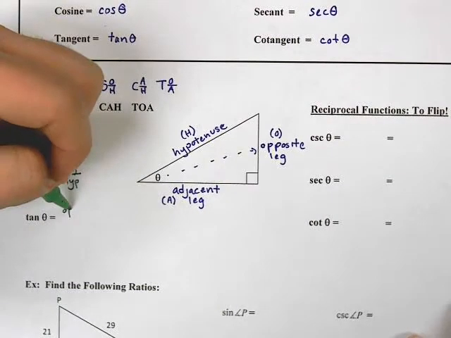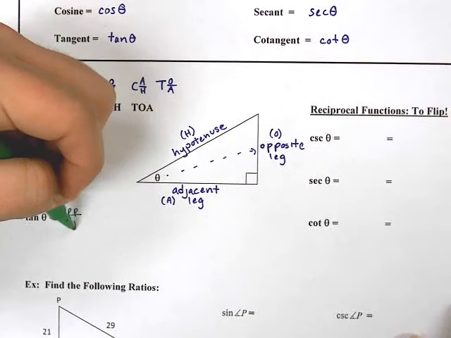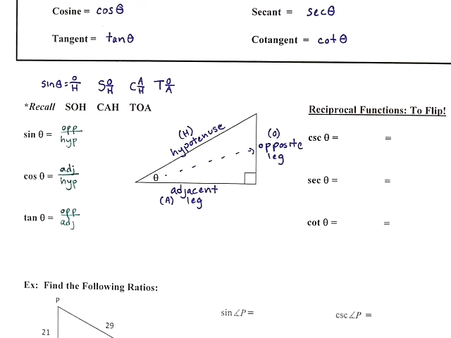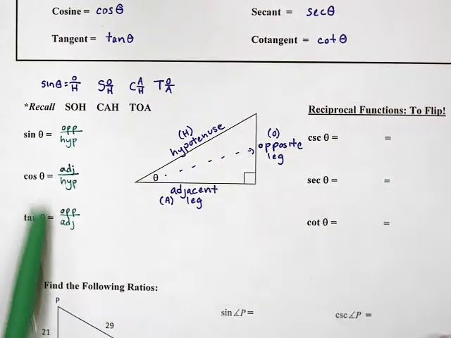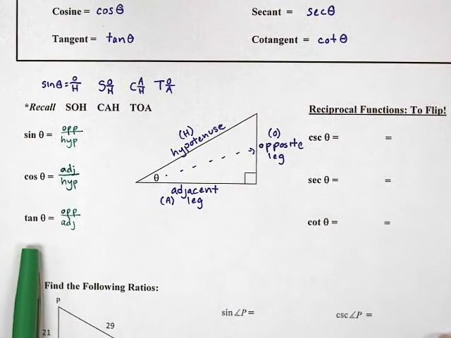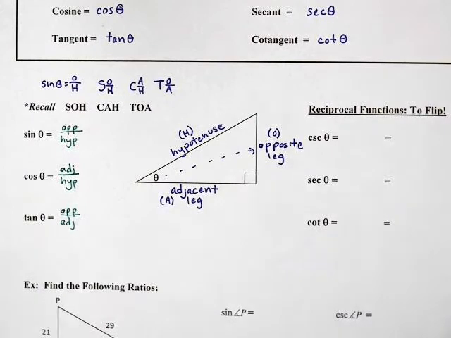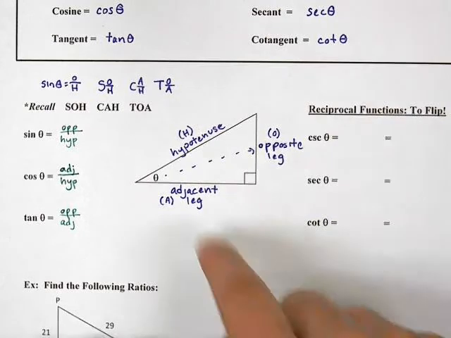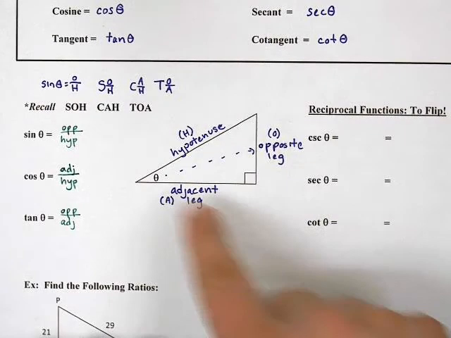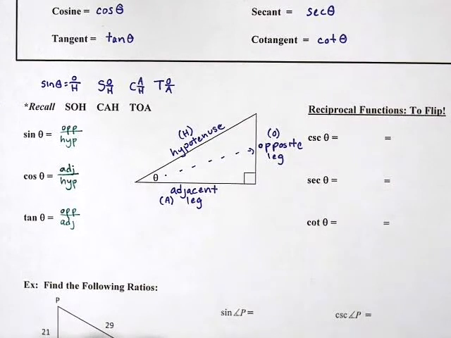But again, every single time you see one of these problems and you're trying to find the sine, the cosine, the tangent, you need to first label your triangle and figure out what is O, what is A, what is H. So make sure you have an understanding of how to differentiate between the opposite leg and the adjacent leg.